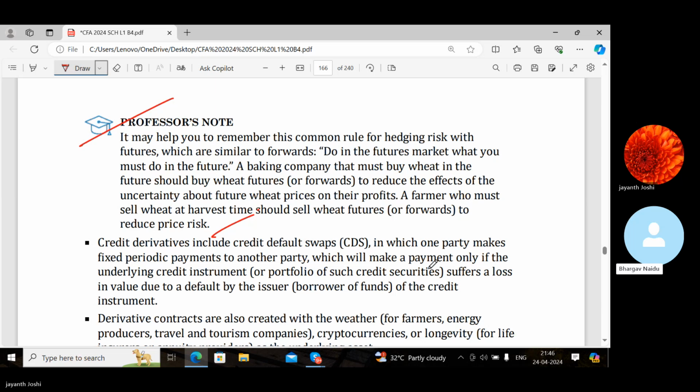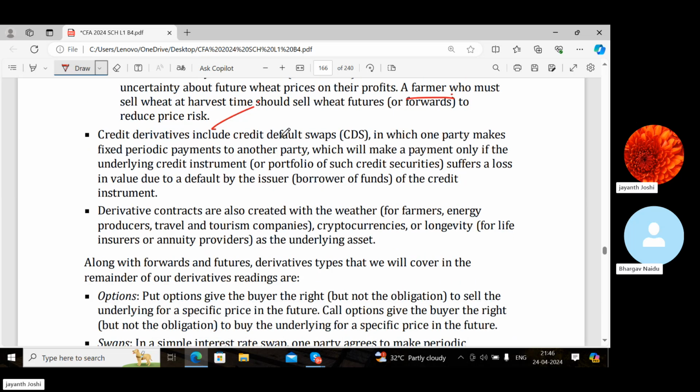Sir, it is a form of hedging. We already discussed this kind of example yesterday with respect to the farmer, right? Yes. What is credit default swap? It's like an insurance.